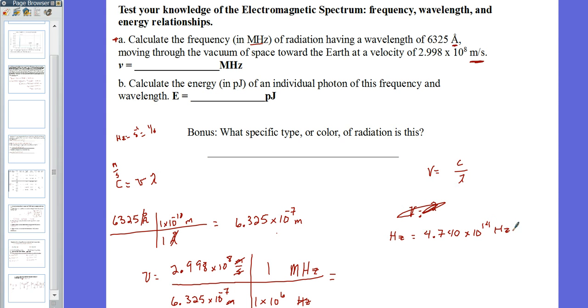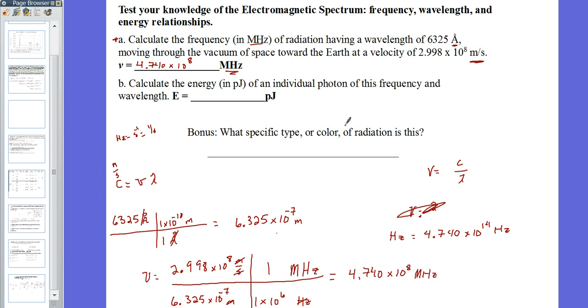But you needed it in megahertz, so divide that right there by your 10 to the 6, and you get 4.740 times 10 to the 8th megahertz. And that's what you write in right here, 4.740 times 10 to the 8th for megahertz.